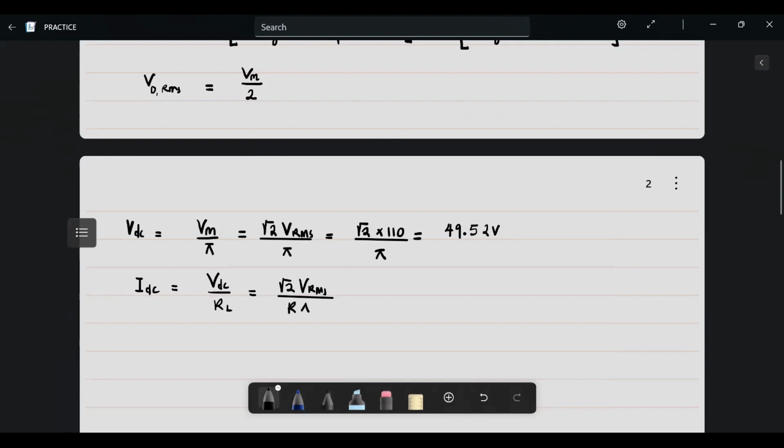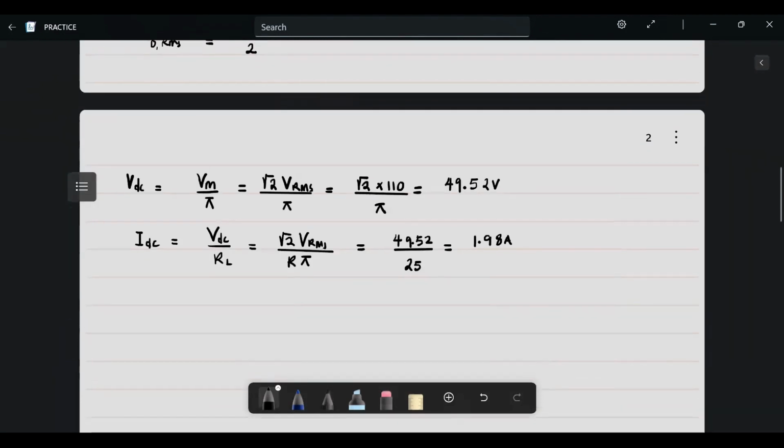The same thing. We already found this VDC, which is 49.52. The only thing you need to do is divide this by the resistor. The resistor was 25 ohms. So that value divided by 25 is 1.98. So the output DC current is simply 1.98 amps.